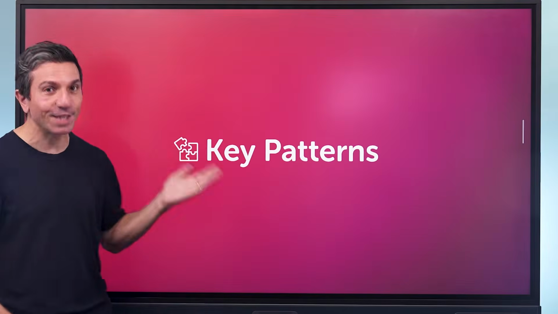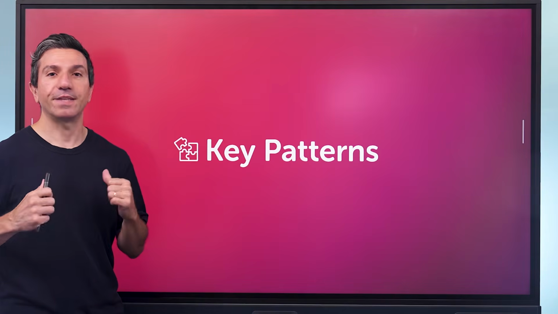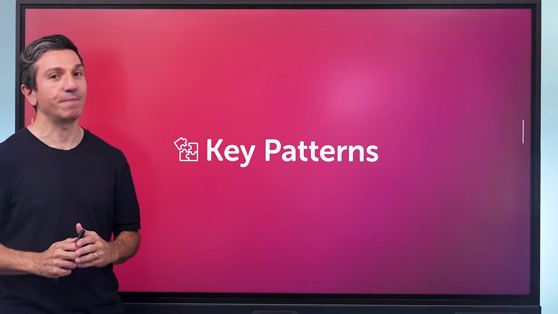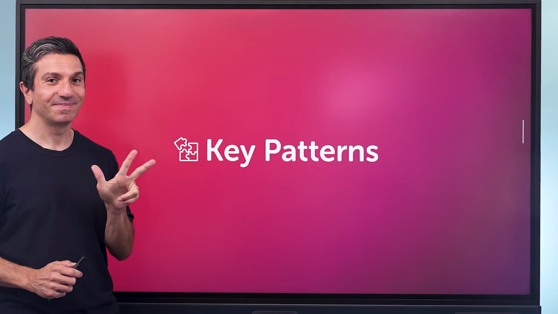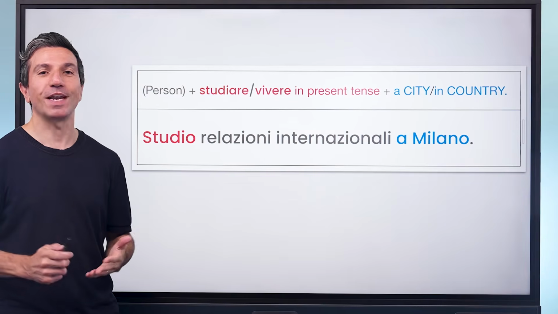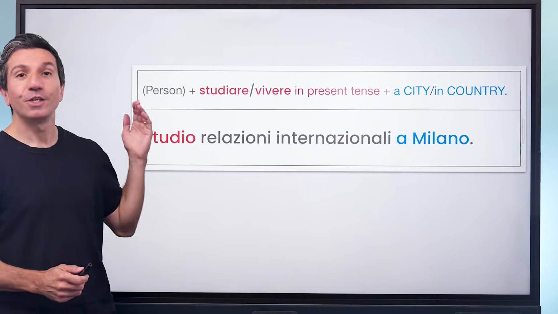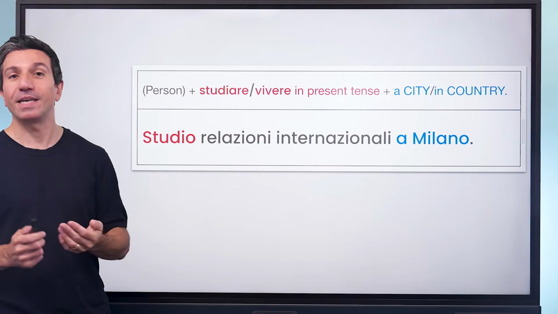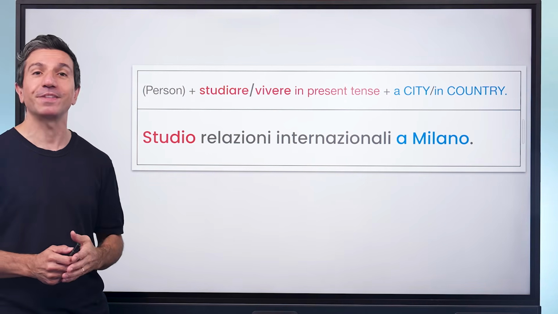Let's look at the sentence pattern. Do you remember how the character said, I study international relations in Milan? Studio relazioni internazionali a Milano. This sentence follows the pattern here.